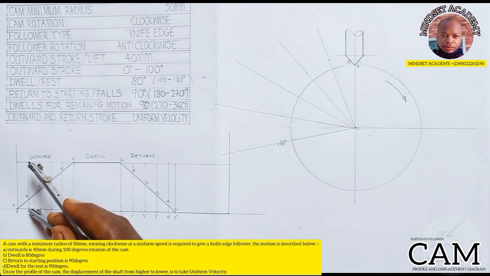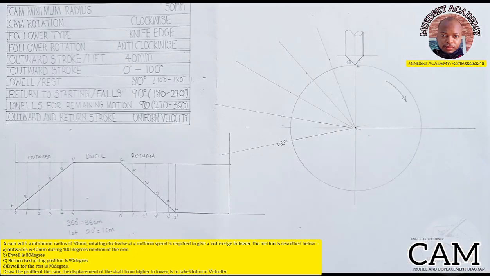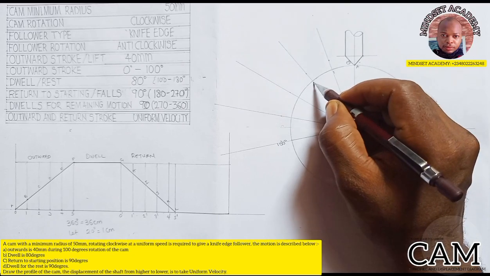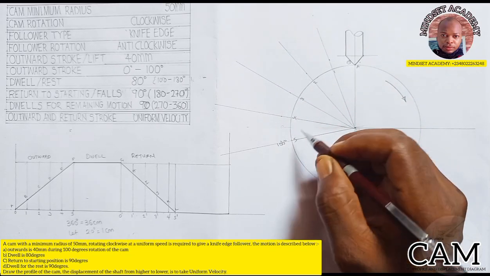So take your compass, place it here at this point, and you come to where point B is. This is 0. Here will be 1, 2, 3, 4, and what? 5.